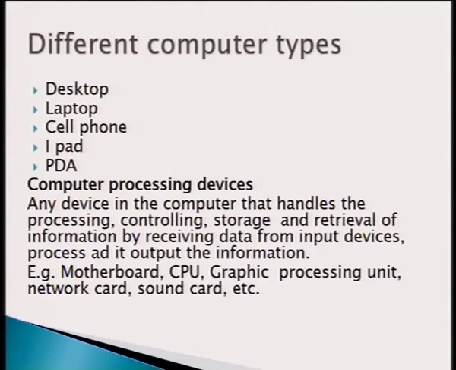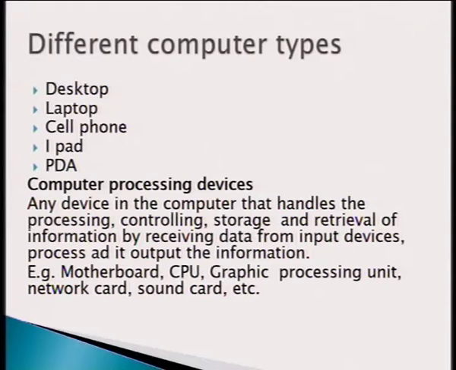Okay. Now let's talk about computer processing devices. Like I said, in the main components of the computer, we've got input devices and then we've got processing. You enter your data with input devices, and the data is processed. In the computer, there are processing devices.